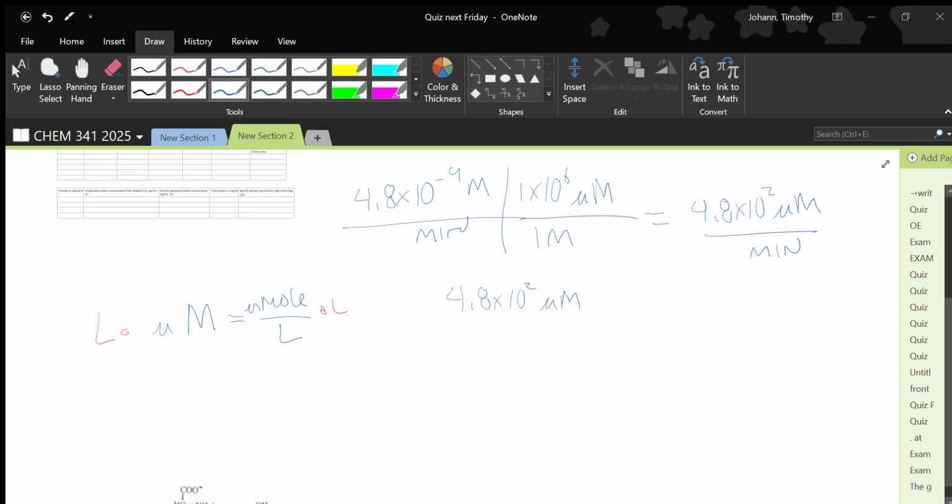It bothers me to not be able to cancel my units. So we're going to multiply times the liters we had, per minute. So we had 610 microliters, which is the same as 610 times 10 to the negative 6th liters.